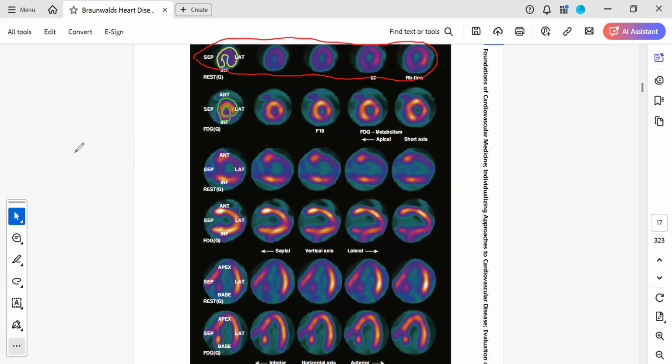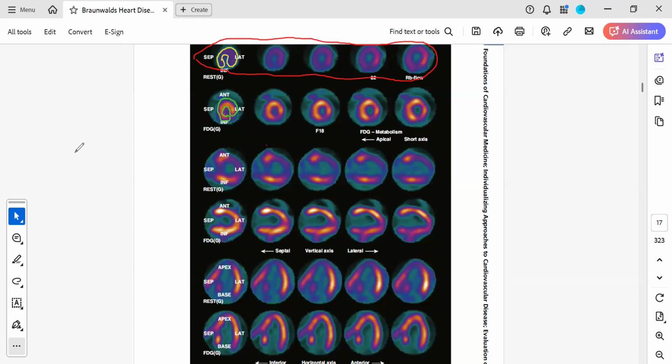So that tells you that if this patient has opportunity for revascularization, this patient should be revascularized so that when that tissue gets sufficient blood flow, probably the tissue can now be more active, right? So that tells us that there is a positive viability test here. It's positive. So this patient will get opportunity for revascularization.